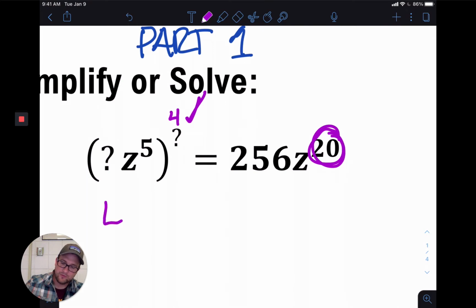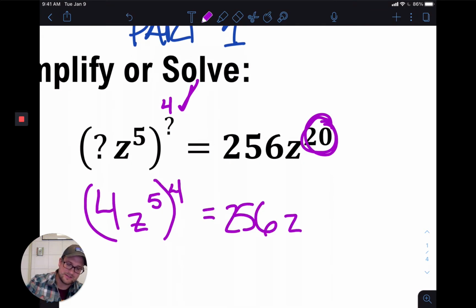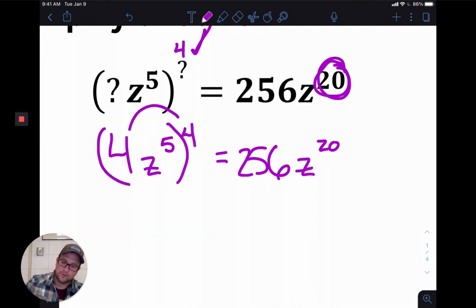Now, if this was 4 over here, so we had 4z to the 5th, all raised to the 4th power, is that equal to 256z to the 20th? So let's see. So 4 to the 4th, right? Since this is 4 to the 1st power, we'd get 4 times 4 as our exponent there, 4 to the 4th.